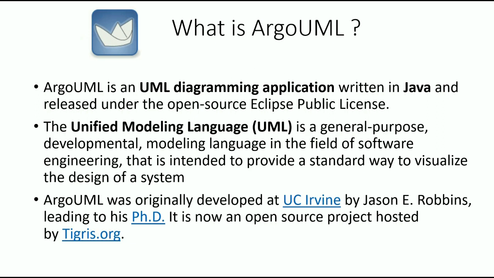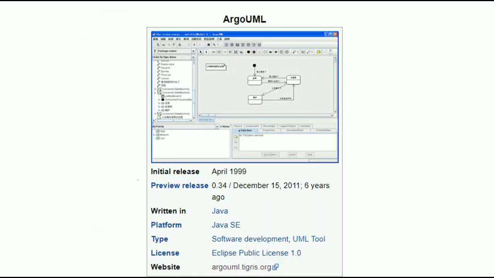And if you check Wikipedia, you can check its details, like the last release was 6 years ago, and right now they are not modifying anything. It's mainly written in Java and it's open source. Now we will learn how to download ArgoUML and install it. So let's see how to download it.